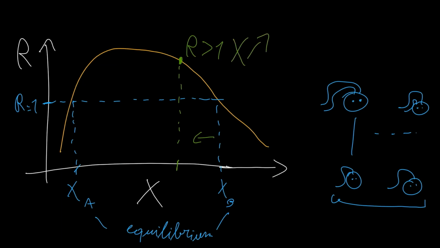However, if you take any point after XB, so if the population goes larger than XB, you can see that r then drops back to below 1, which means x will decrease. And this means that XB is a point of stable equilibrium.